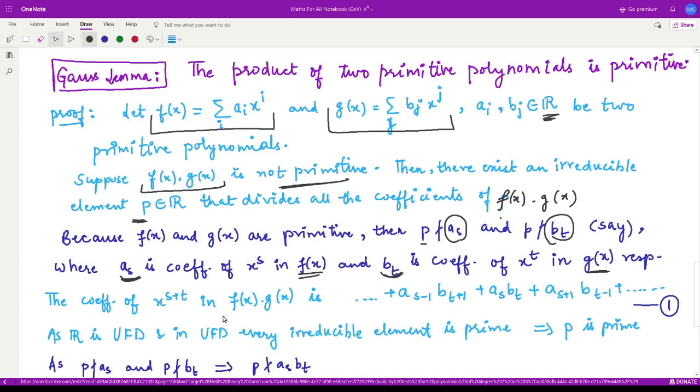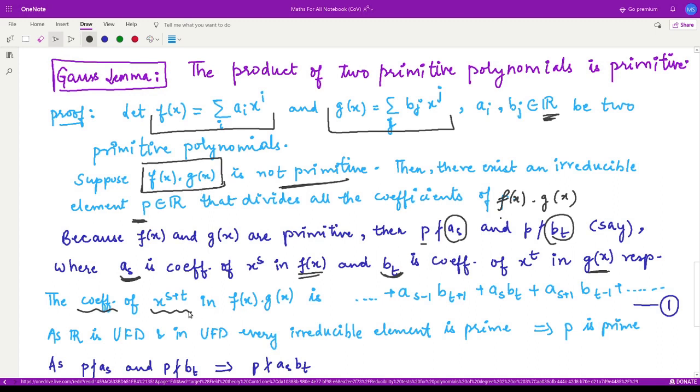So now let us consider this polynomial f(x) multiplied by g(x), and let us see the coefficient of a particular term x to the power s plus t. So this term would be available because there is a term in f(x) having x to the power s, and there is a term in g(x) having x to the power t, right?